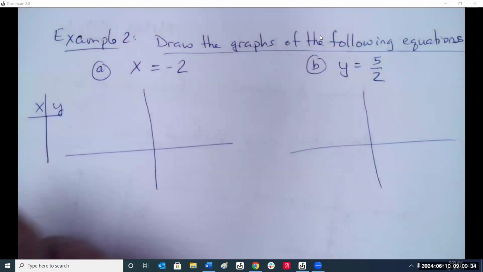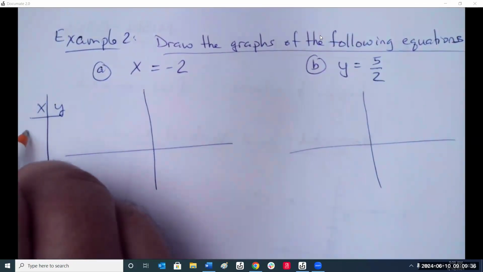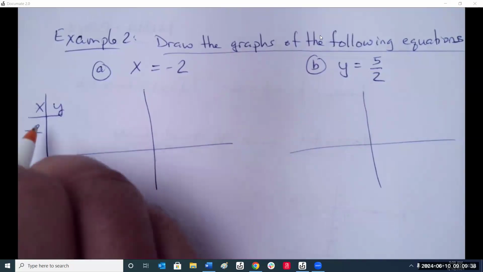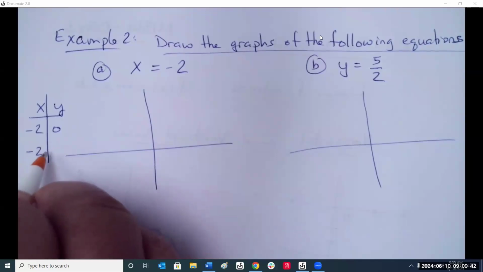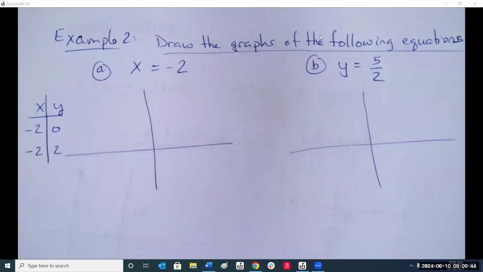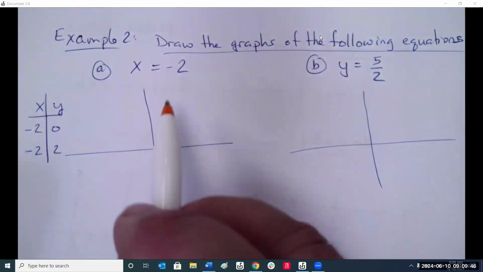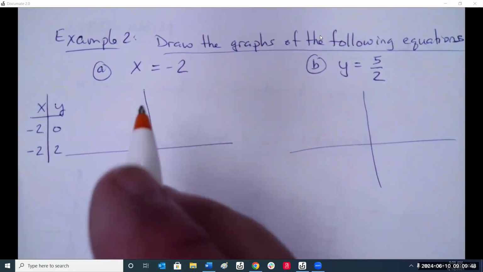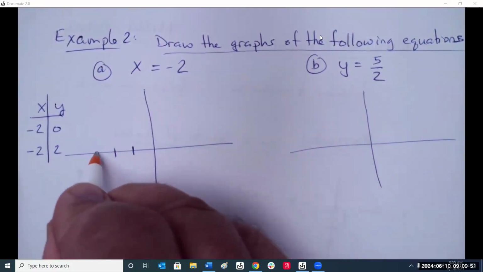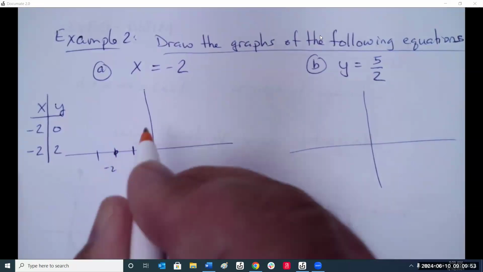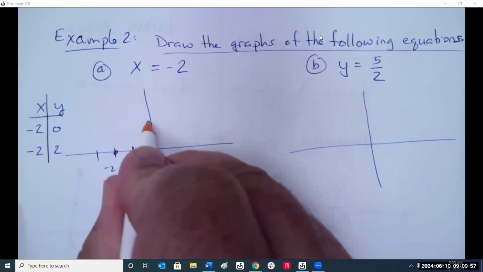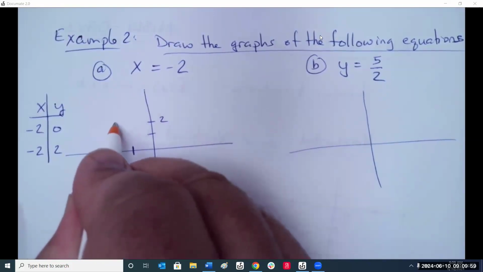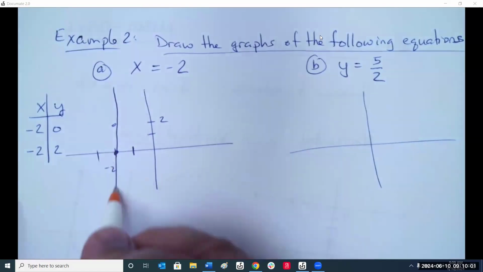So our first one, x is what? -2. So we put y is 0. Second point, x is -2. Let's say y is 2. Since the only point you have is x, at -2, y is 2. So it's a vertical line.